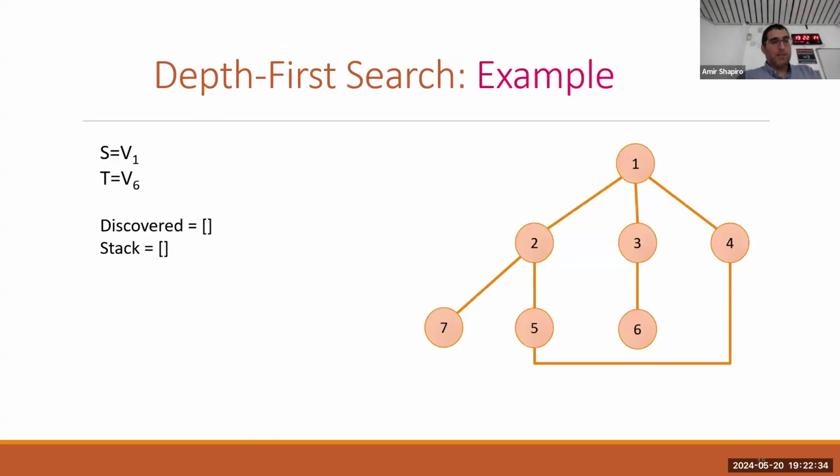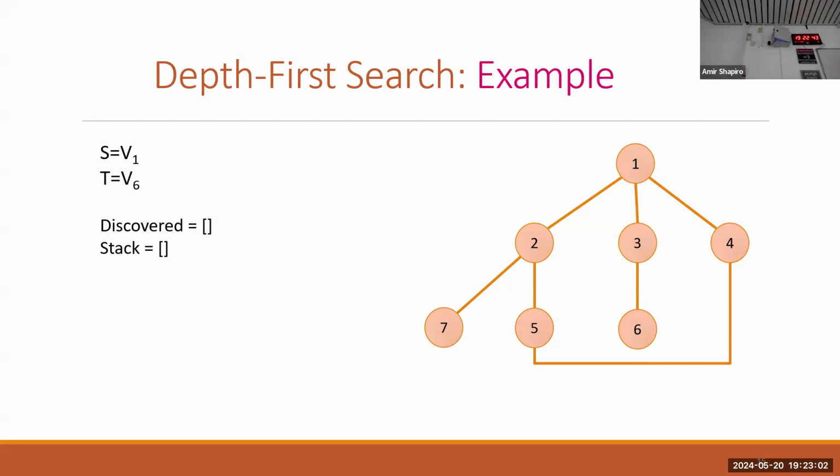Let's have an example. So this is our graph. You see vertex 1, 2, 3, 4, 5, 6, 7. You see the edges. And we start from vertex 1, and the target is vertex 6.